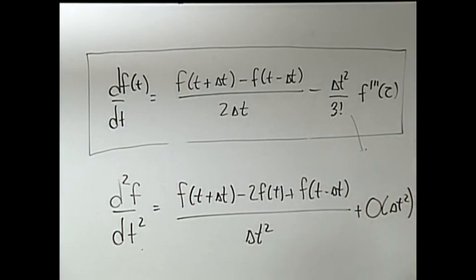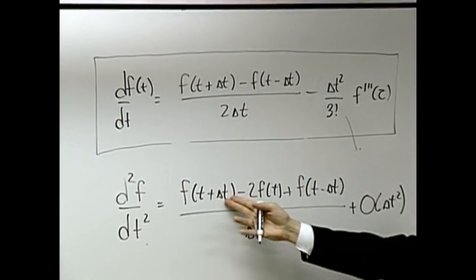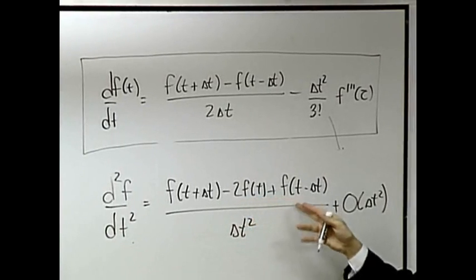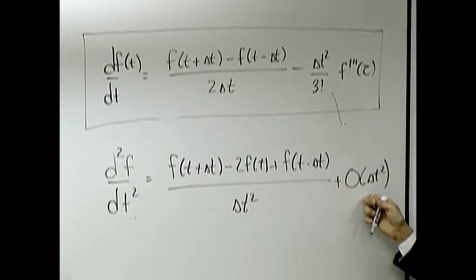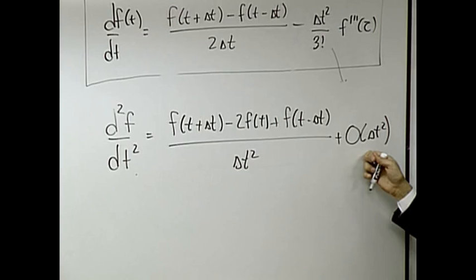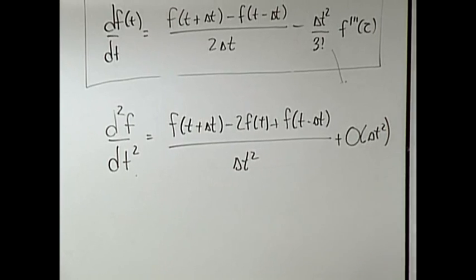Really simple to show this. Point in front minus twice the current point, plus the point behind, divided by delta t squared. And here's what I threw away, or what I'm going to throw away. There's your second derivative formula.